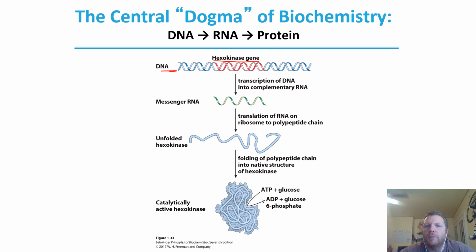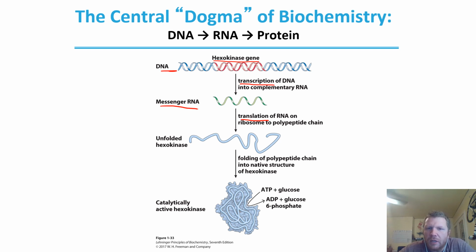transcribed into complementary RNA, or specifically messenger RNA. That messenger RNA goes to the ribosome and is translated. So transcription and translation, these are important terms, translated into a polypeptide chain.